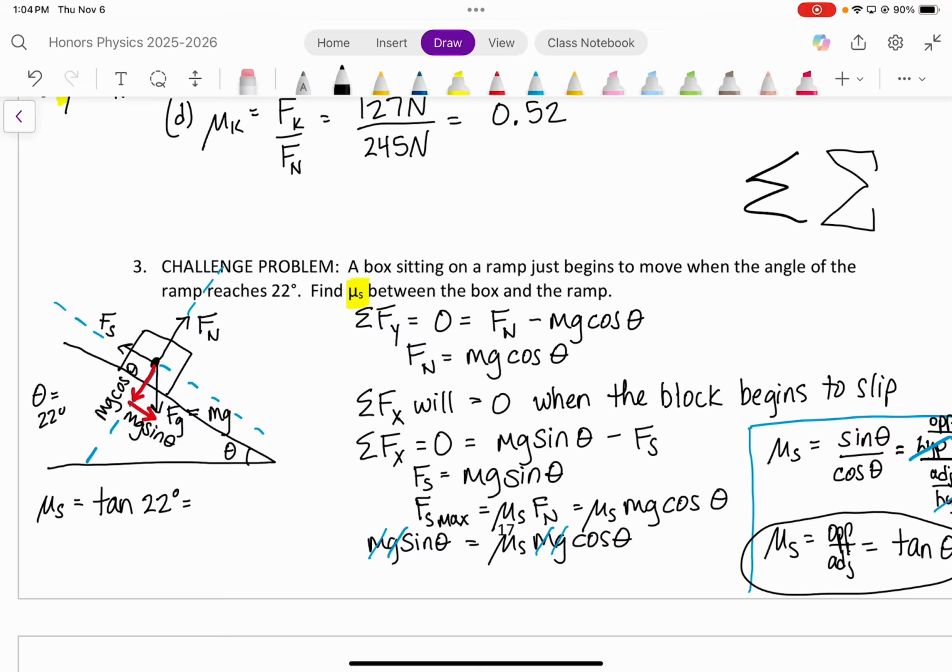Go ahead and make sure that your calculator is in degree mode and tell me what is the coefficient of friction for this scenario. 0.4. Give me more digits than just 0.4. 0.404.